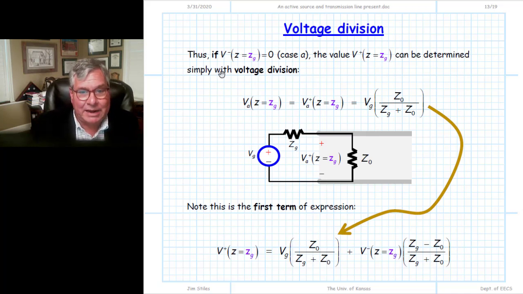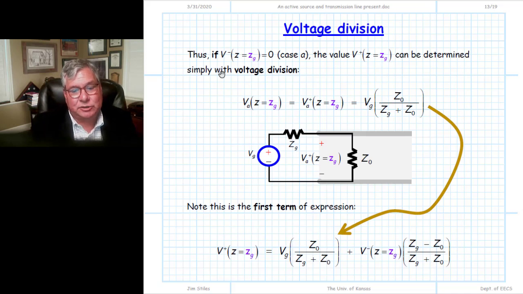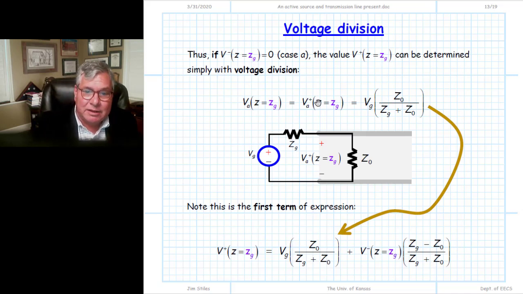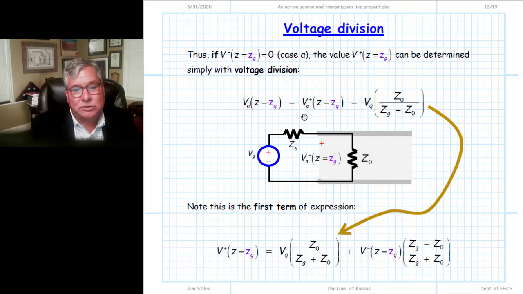Only when we have no minus wave voltage is this expression true. Well, that plus wave voltage, when this is true, was by definition what we called VA, our first term, the voltage of a plus wave that is due to the source voltage VG and the source voltage VG only, since the minus wave voltage of the second term is set to 0. And we see that the result is, in fact, dependent on VG and VG only.